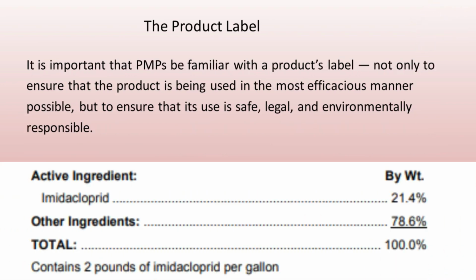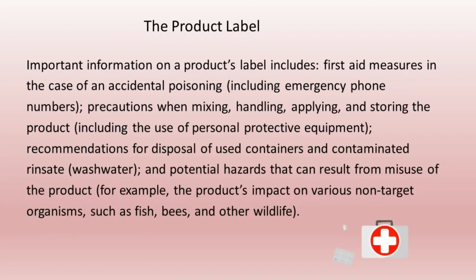The product label. It is very important that PMPs be familiar with the product's label, not only to ensure that the product is being used in the most efficacious manner possible, but to ensure that its use is safe, legal, and environmentally responsible. The product label.